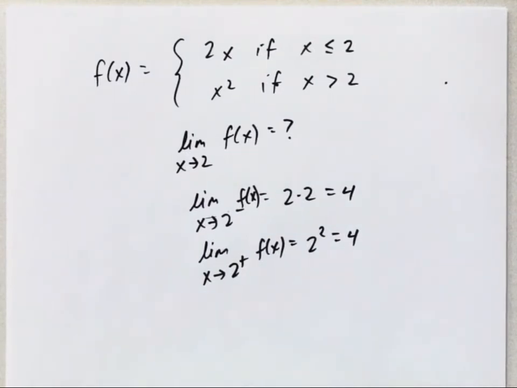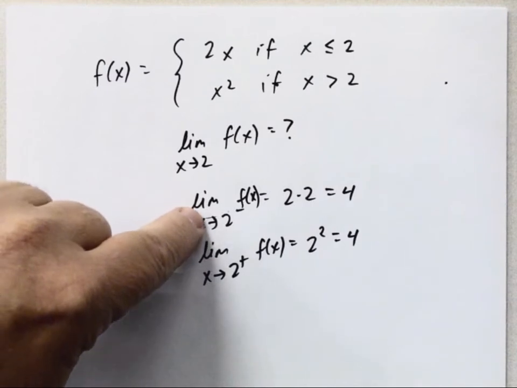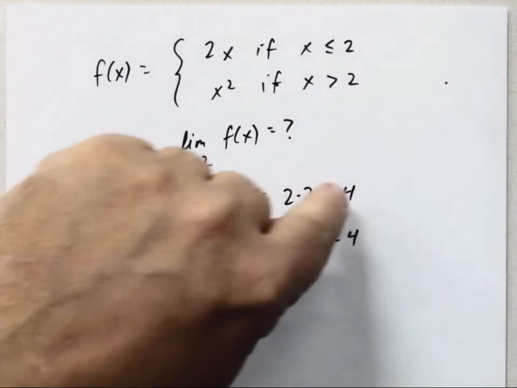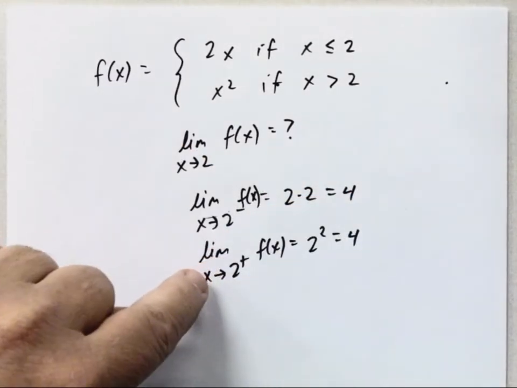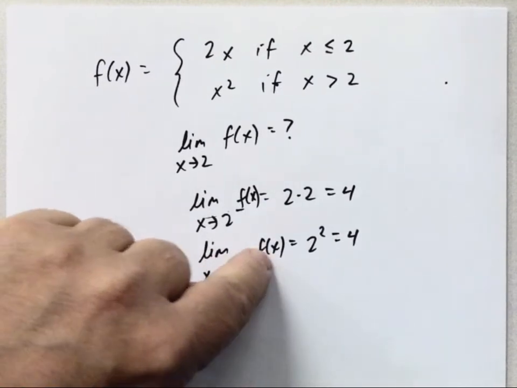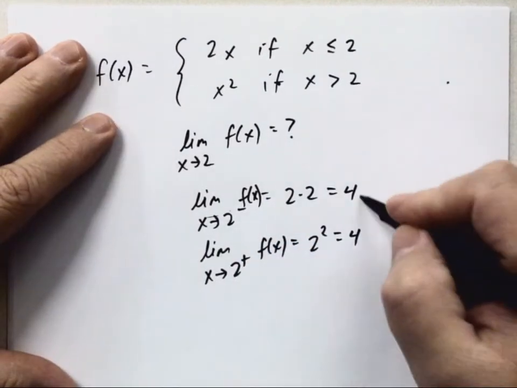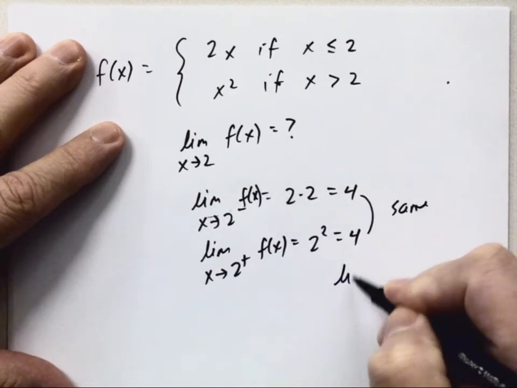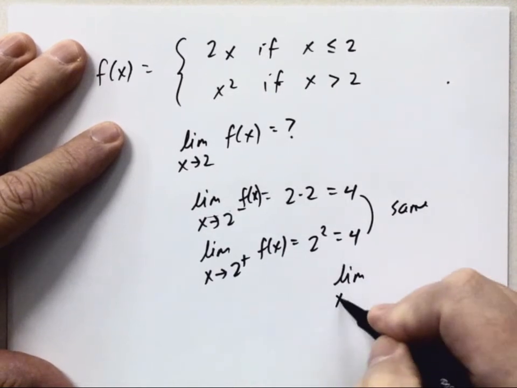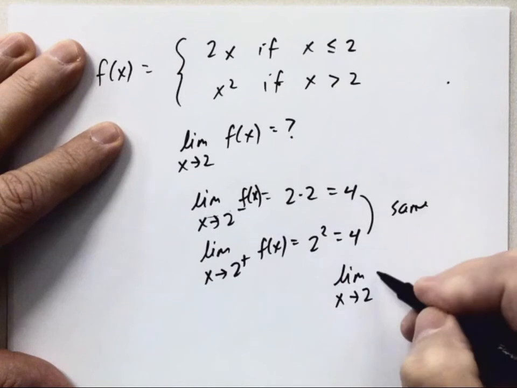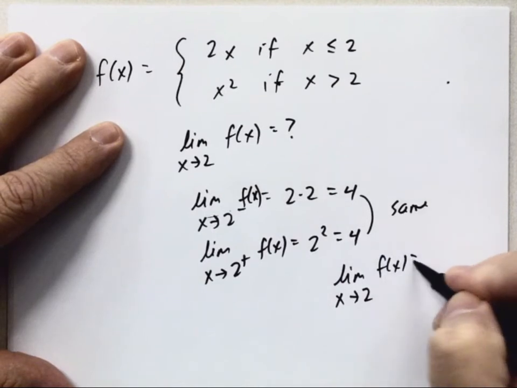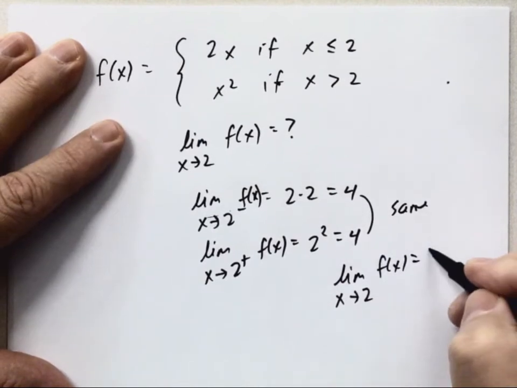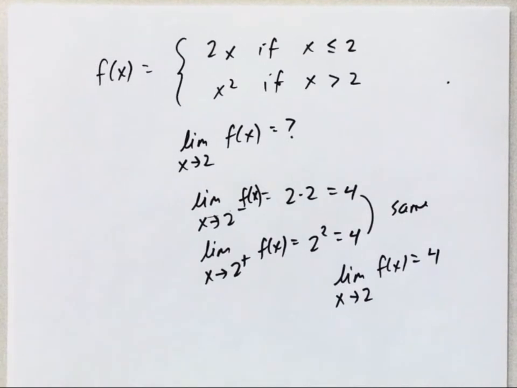So I've determined when x approaches 2 from the low side, my function is 4. When x approaches 2 from the high side, my function is 4. Since these are the same, I can say the limit as x approaches 2 of f of x equals 4.